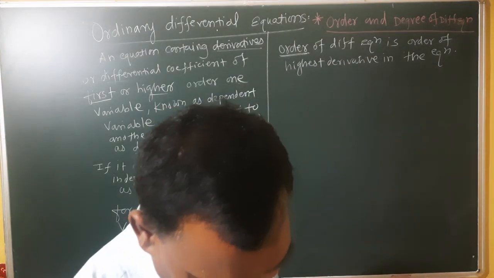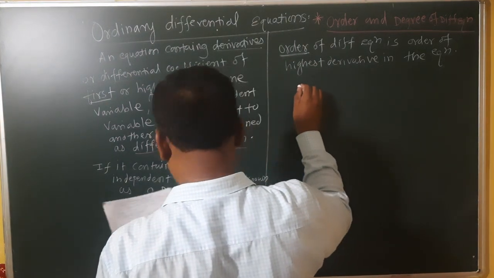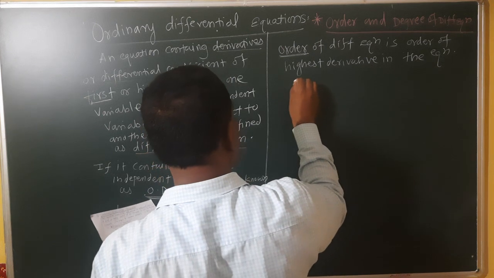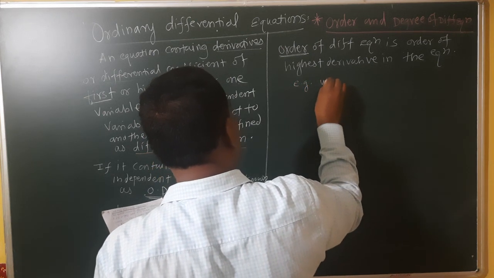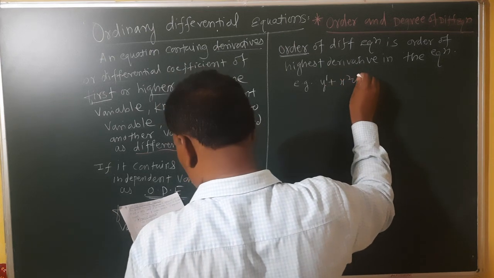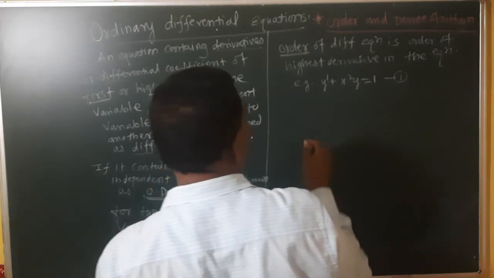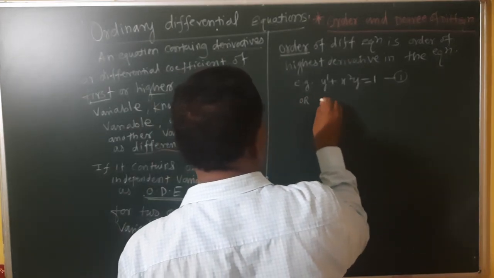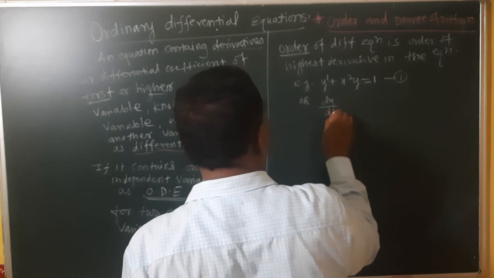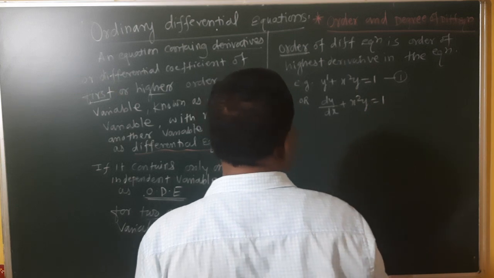Let us see the examples. The first example is y dash plus x square y equals 1. This can be written as dy by dx plus x square y equals 1.